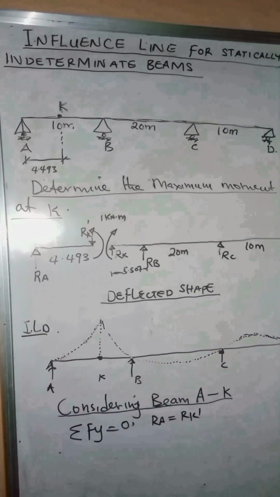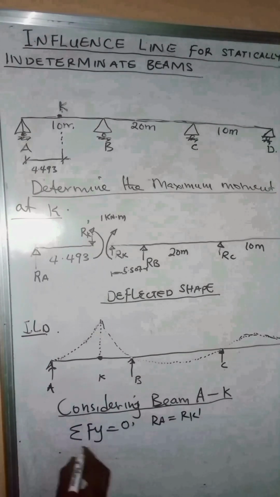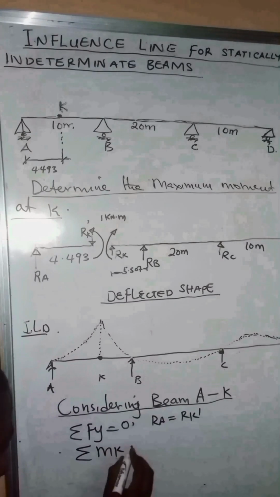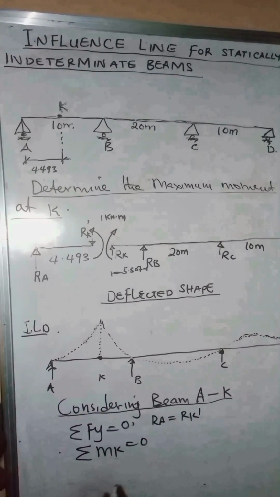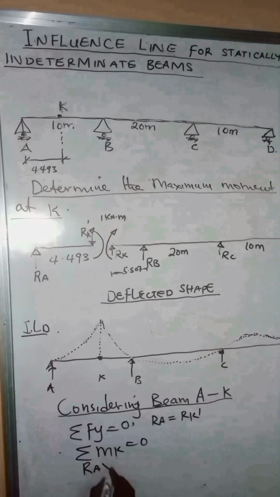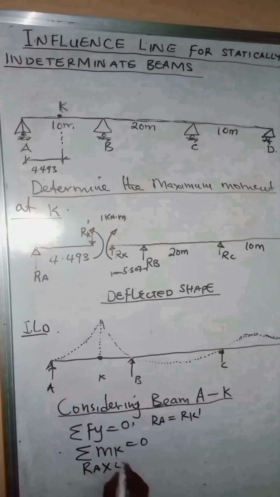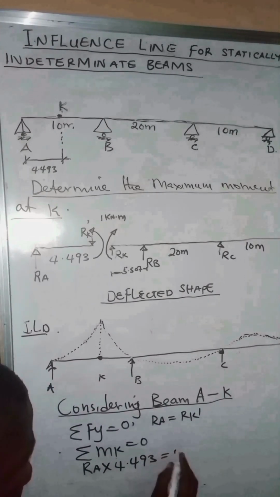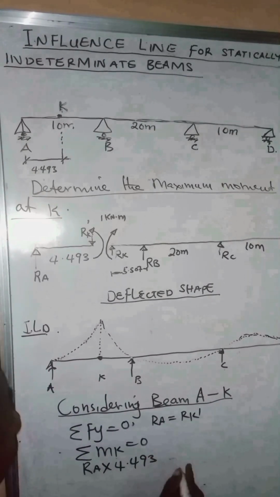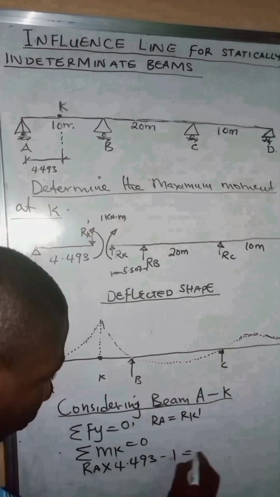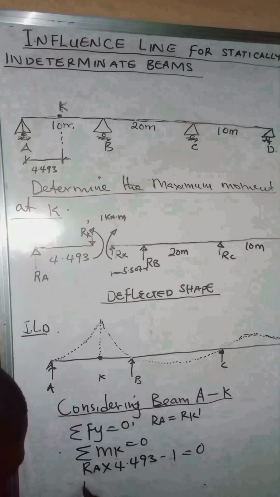Arrow A becomes equal to arrow K prime. So we say summation of moment about K is 0. So we have arrow A times 4.493 minus 1, which is our anticlockwise moment, equals 0.